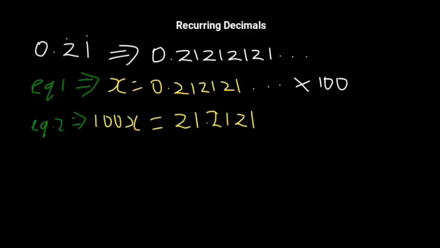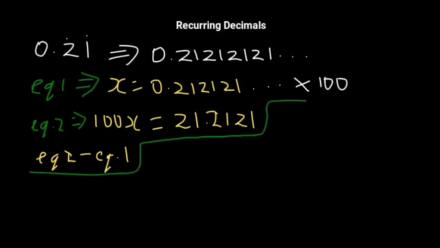So let's write that down. We have equation 2, and we're going to take away equation 1 from that. Let's work through that. Let's write that at the bottom. Good.